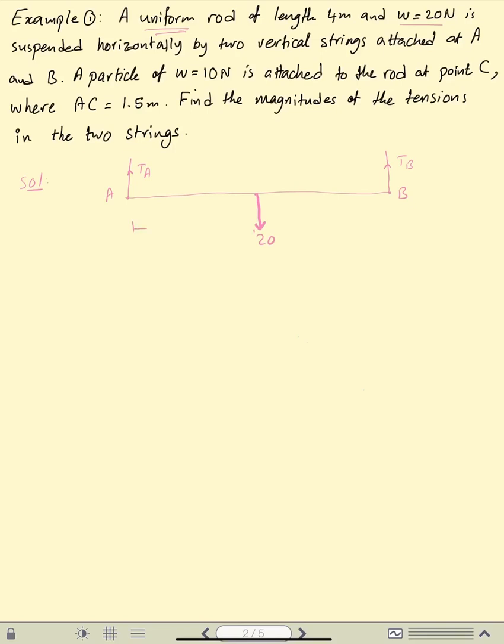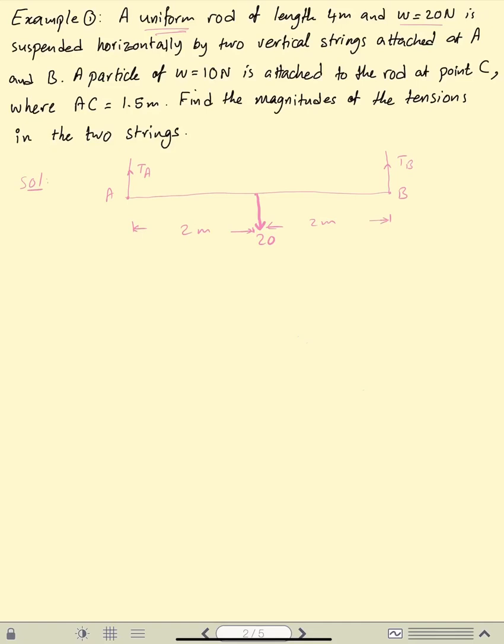The length is 4, so this is 2 meters, and from here the same, 2 meters. I do the first question together to show you how to draw and sketch each part.